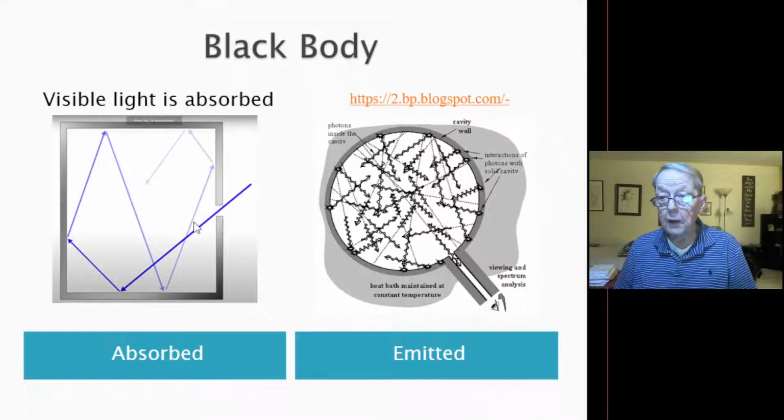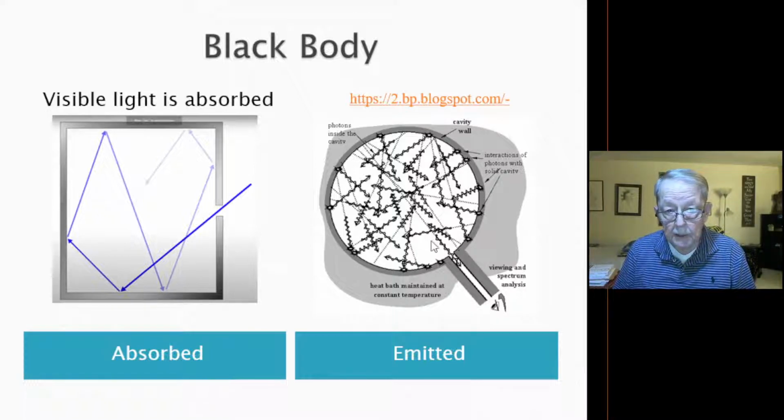The theory being there is no light coming out of the box because it gets trapped inside. Now, inside, just like on the outside, this picture shows photons. These are photons inside the cavity being emitted from the surface and then bouncing around just like it shows here.